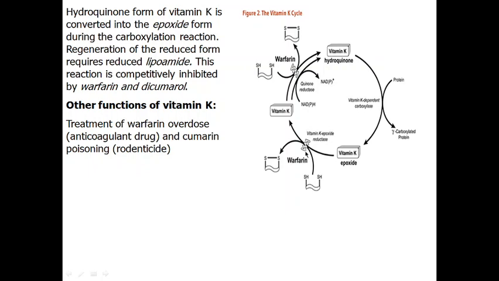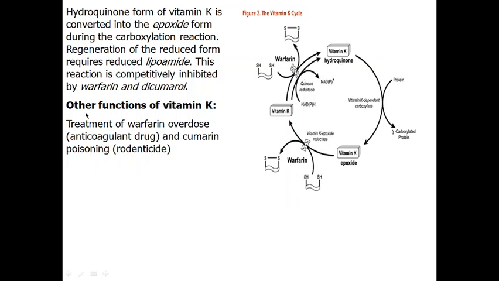The process of reduction of vitamin K epoxide or vitamin K can be interrupted by means of warfarin. So warfarin acts as an anticoagulant drug. Why? Because it prevents the reduction of the oxidized vitamin K, the epoxide form of vitamin K, back to the hydroquinone.